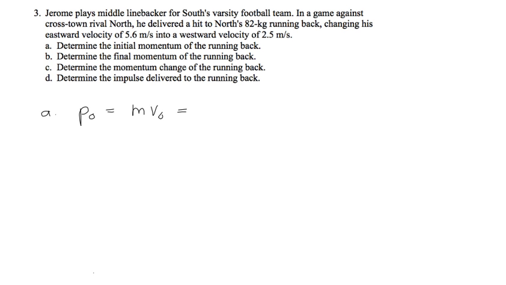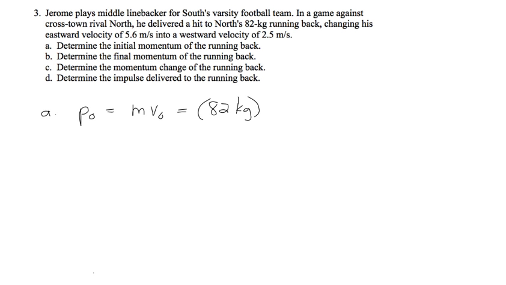So the running back, he delivered a hit to North's 82-kilogram running back. So the mass of the running back is 82 kilograms. And changing his eastward velocity, so to begin with, he's going east.